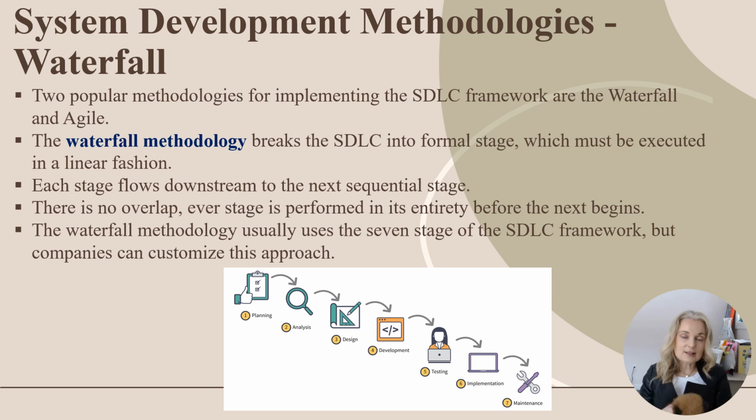One stage has to be completely finished before the other stage begins. There is no overlap, and every stage is performed in its entirety. It usually uses the 7-stage SDLC framework, but companies might customize the approach and use 6 stages or 5 stages. That's really up to the organization.